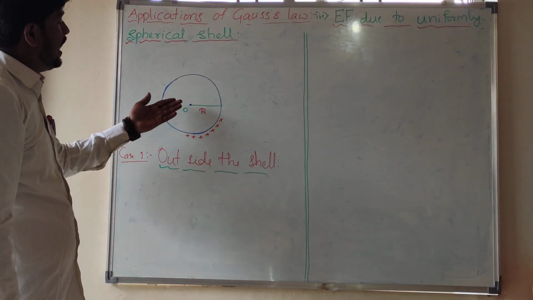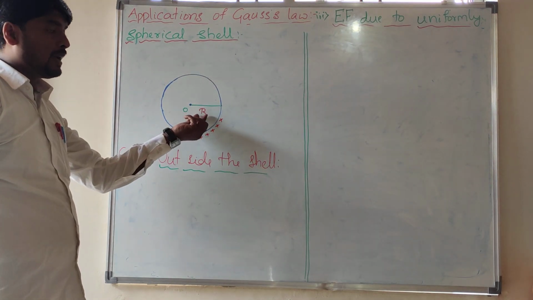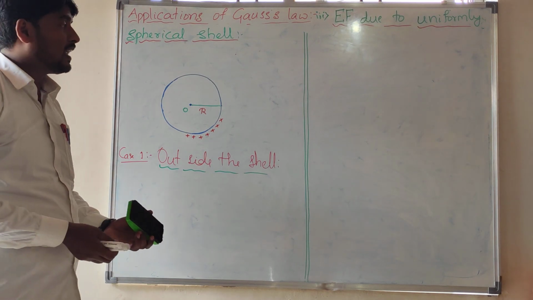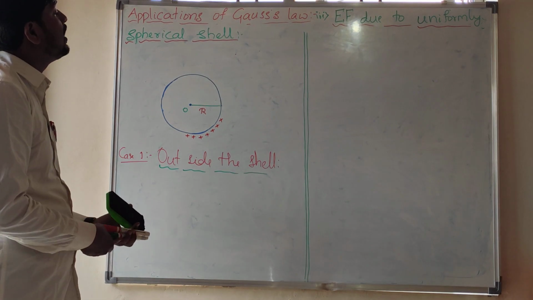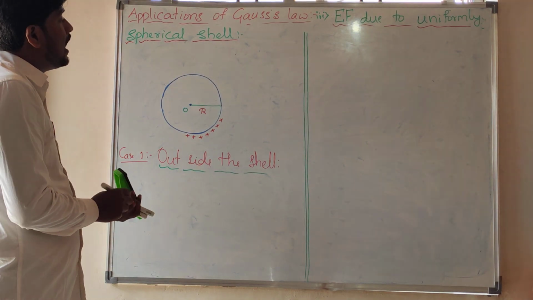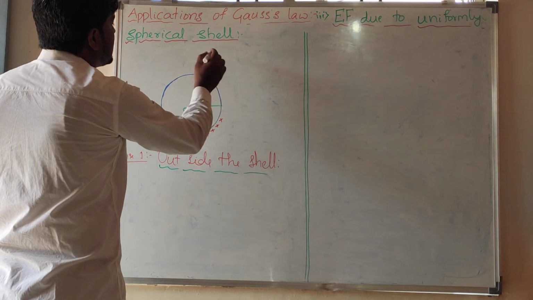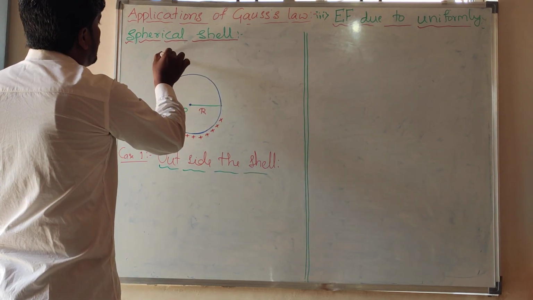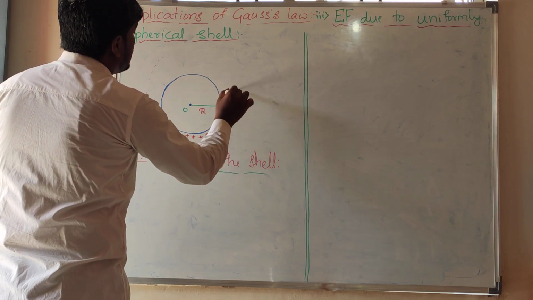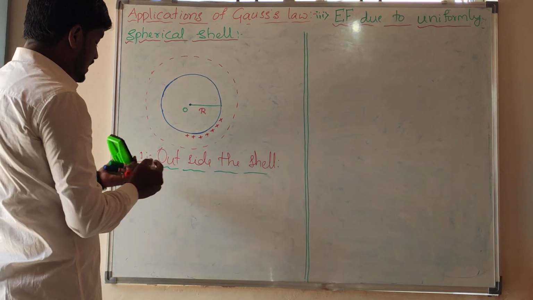Consider a uniformly charged spherical shell of radius capital R, which is spherically symmetric in nature. Then we want to calculate the electric field outside the spherical shell, and that itself is considered as one more Gaussian surface. Now I will draw the Gaussian surface outside; since it is a sphere, the Gaussian surface is also in sphere form.